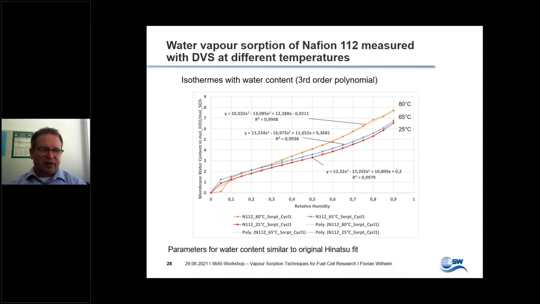As this region is not very relevant for fuel cell operation, this does not really affect the validity of the fit for modeling for practical purposes in fuel cell research, but nevertheless, it's interesting to characterize what is happening here and why this different behavior for different temperatures.